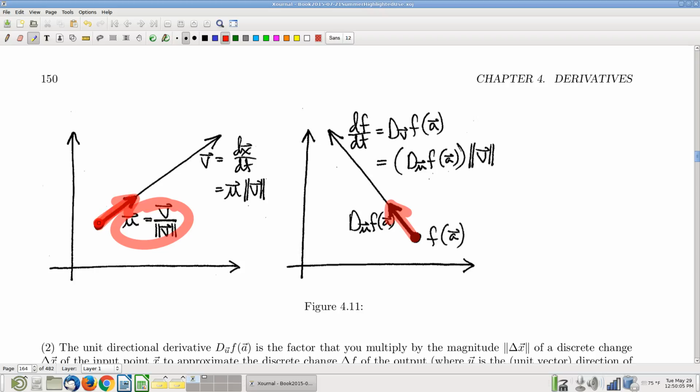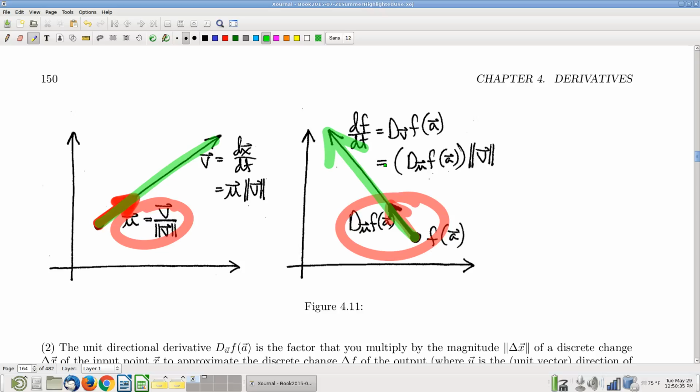And in that direction, I can compute this unit directional derivative. So as I move in that direction, that's how fast in general the output values of the function are changing. And so then I simply can factor in that this magnitude is what you multiply here to get the actual output velocity.